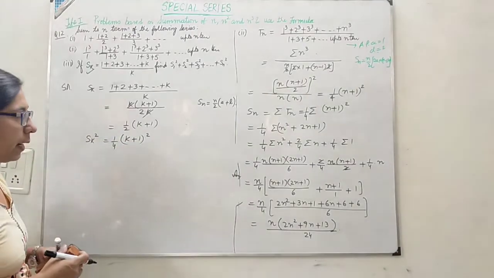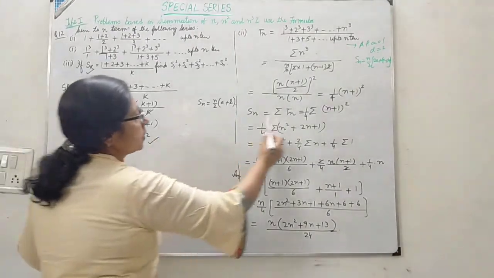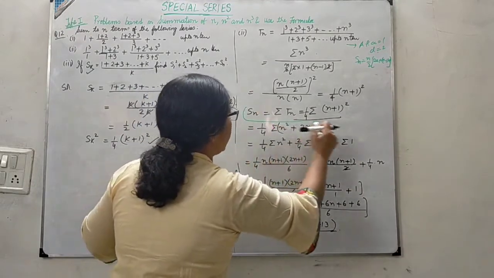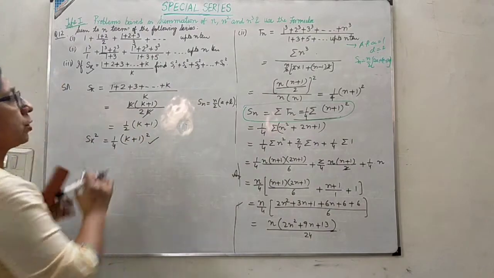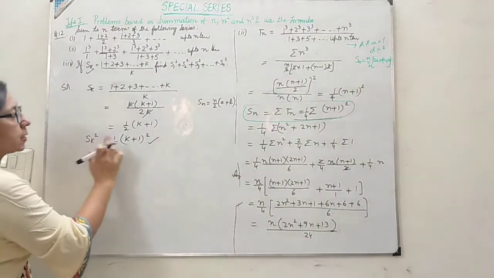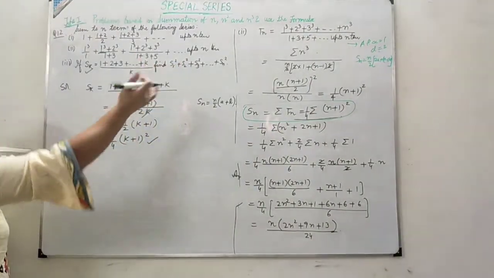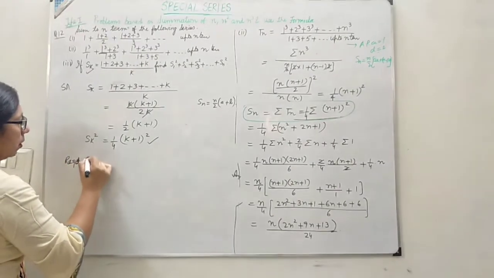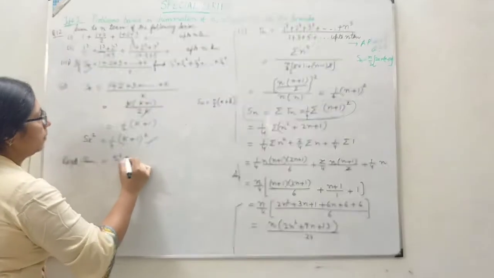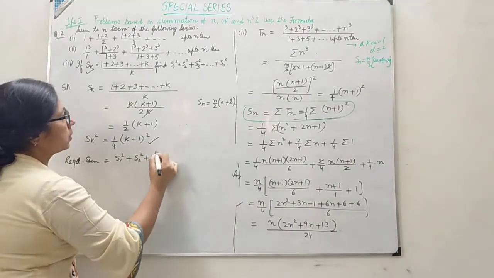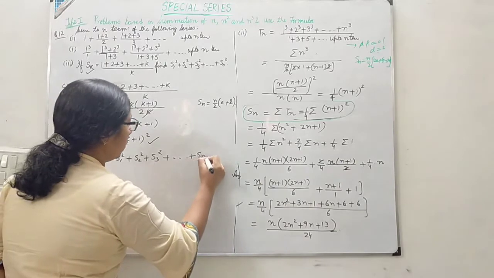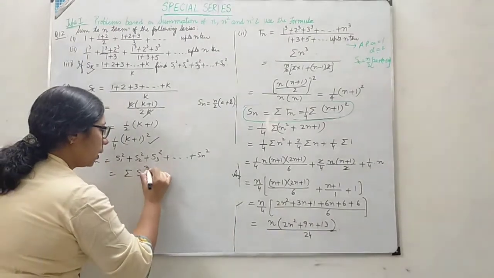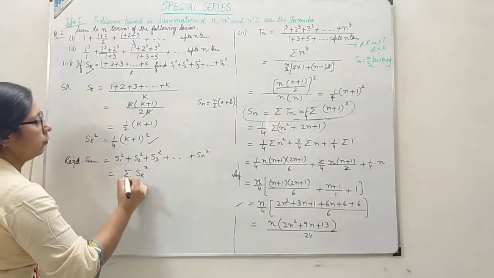Now you can recognize that we have already done this over here. You can see, this is the same as this part. Only the question form is different. Now this is Sk square, so the required sum S1 square plus S2 square plus S3 square up till Sn square is actually sigma Sk square, where k is running from 1 to n.